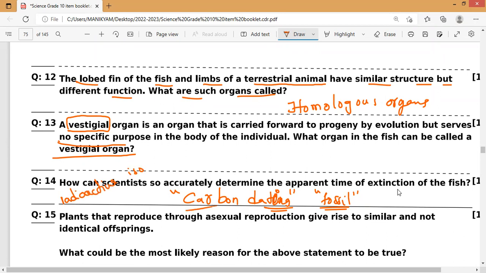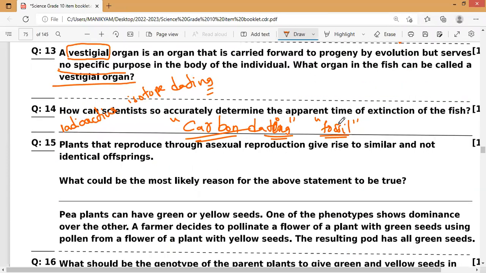While teaching, I have taught you this, remember? Carbon dating, fossils, isotope dating. Carbon dating, we can say radioactive isotope dating, which will help to determine the age of fossils.